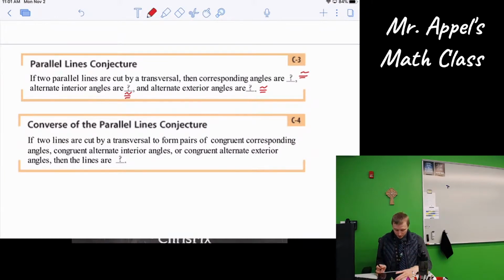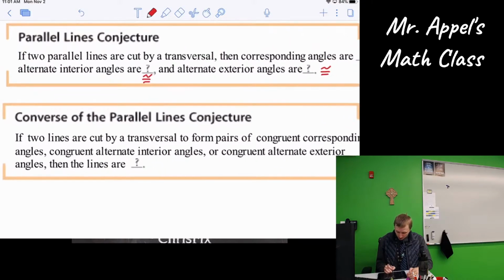The converse is true. If I take two lines cut by a transversal, and I get congruent corresponding angles, congruent alternate interior angles, or congruent alternate exterior angles, any of the above, if I check any one of those and they are congruent, then the lines are parallel.